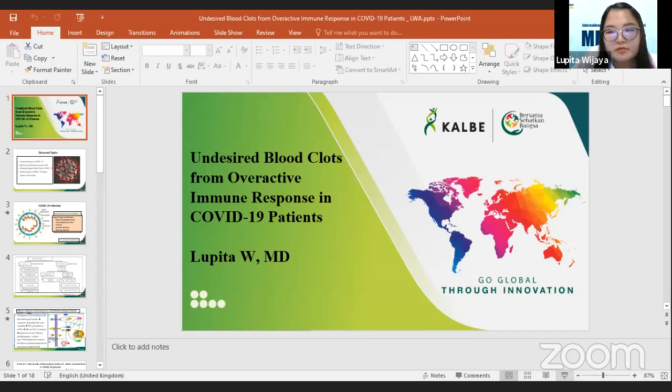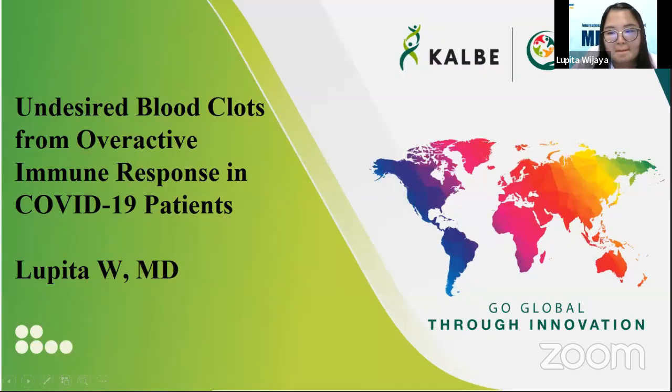So today we will discuss the blood clot that is related to the overactive immune response in COVID-19 patients. Let's start the discussion. In this topic, I will discuss the relationship between blood clots and the overactive immune response in COVID-19 patients, which can actually lead to multi-organ failure in COVID-19 patients.